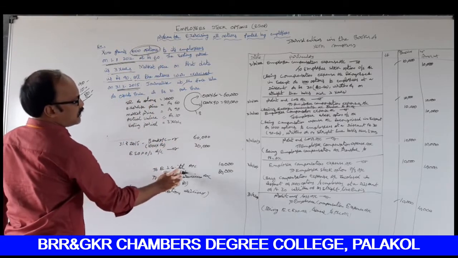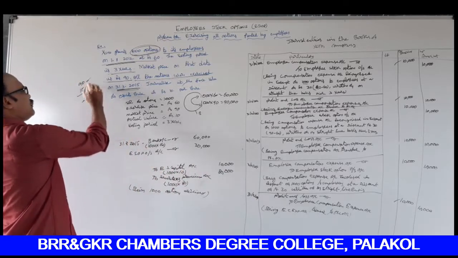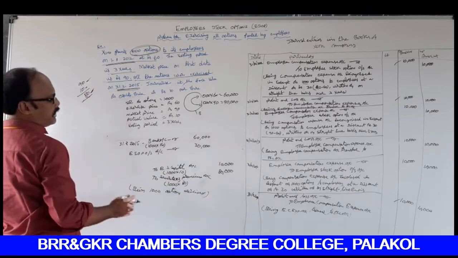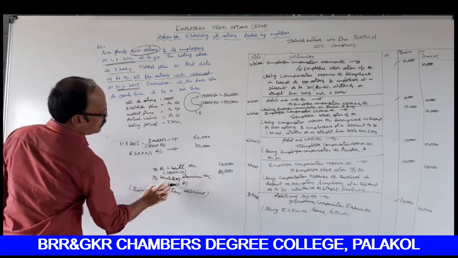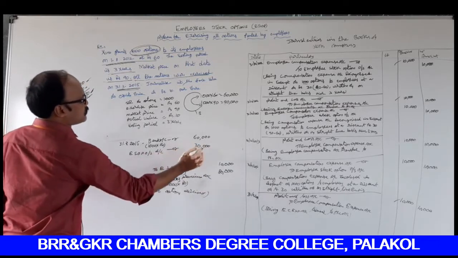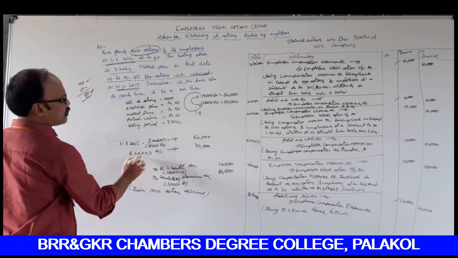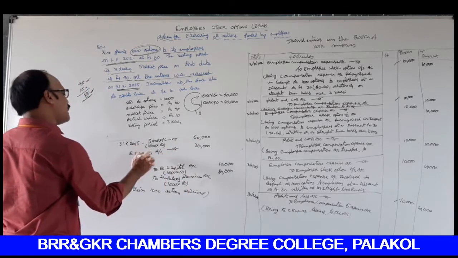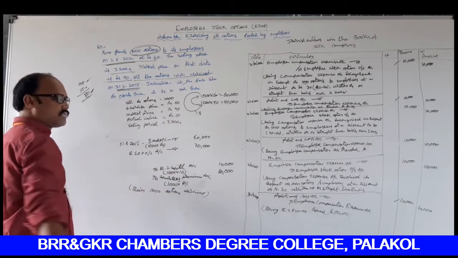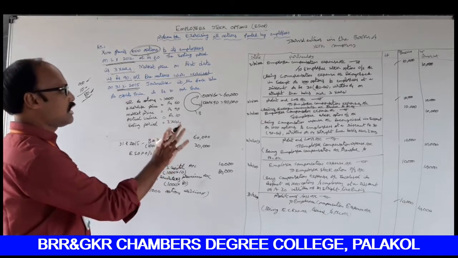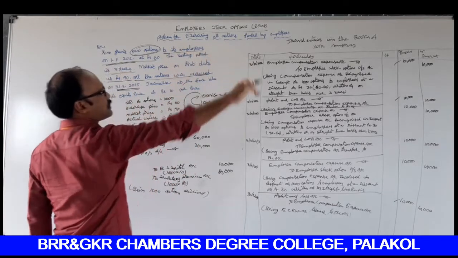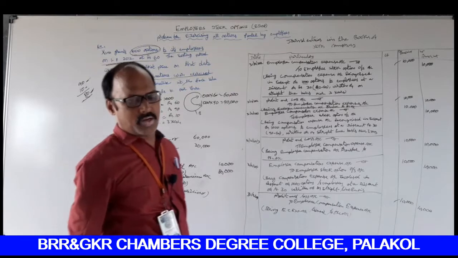Each equity share value 10, but market value 90. 90 minus 10, premium value 80, to securities premium account 1,000 into 80, 80,000. The remaining 30,000 is employee stock option outstanding account debit 30,000, being 1,000 options were exercised. These are the general entries when exercising all options granted by the company.